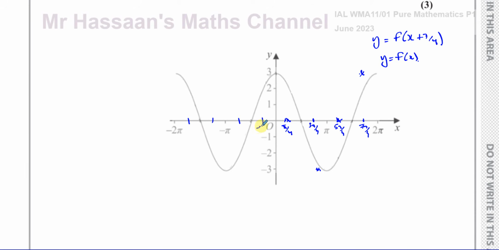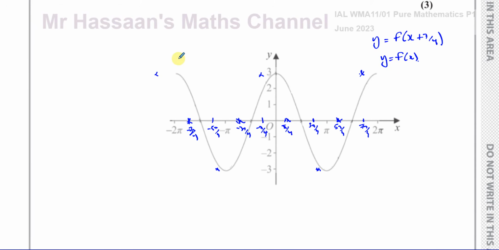So this would be minus pi over 4, minus 3 pi over 4, minus 5 pi over 4, and minus 7 pi over 4. So this point's going to go back to here. This point's going to go back to there. This point is going to go back to here. This point's going to go back to there. And this point is going to go out of range.